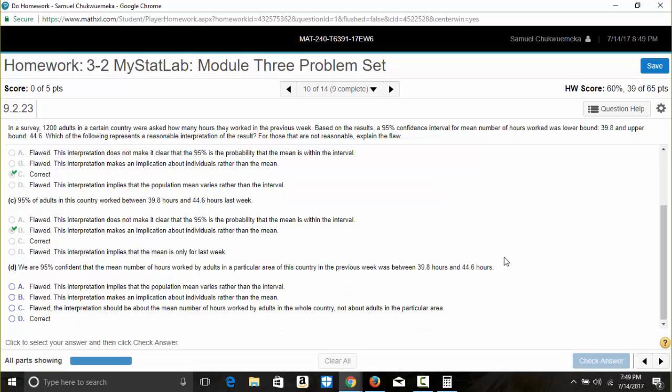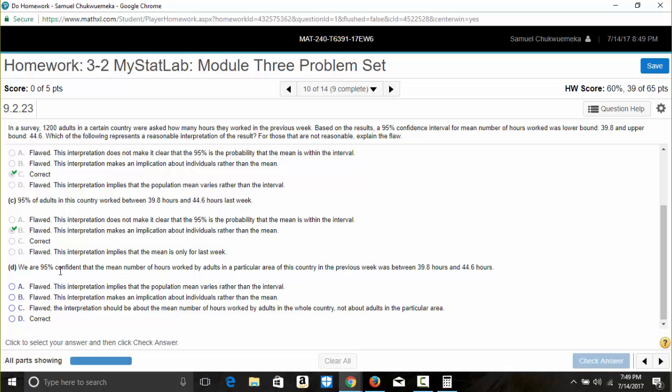Okay, next one. We are 95% confident that the mean number of hours worked by adults in a particular area of this country in the previous week was between 39.8 hours and 44.6 hours. Okay, they have changed the word in here. They told us in the question how many hours they worked in the previous week. They didn't say what area.